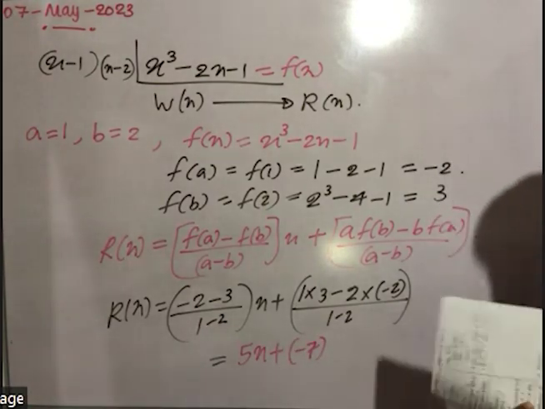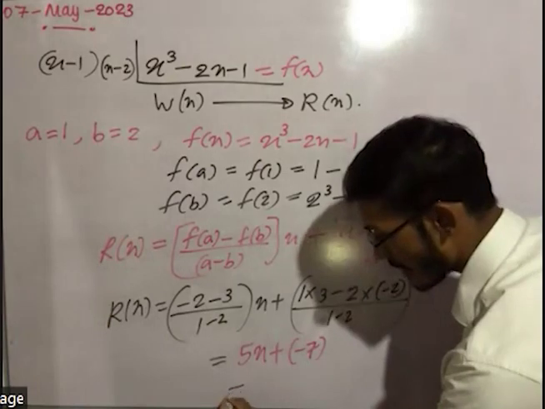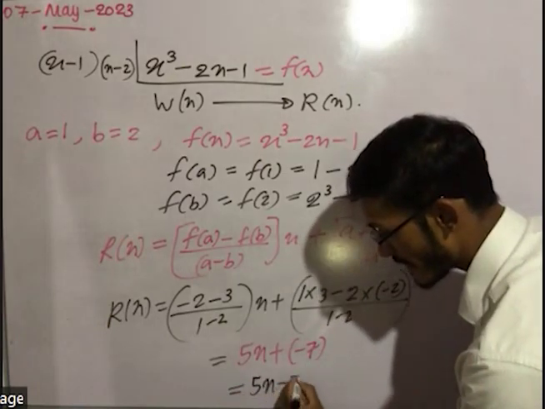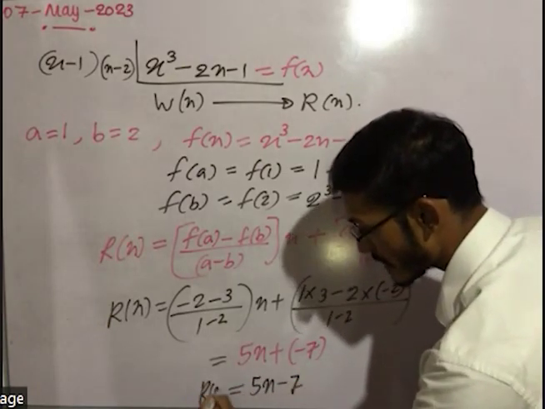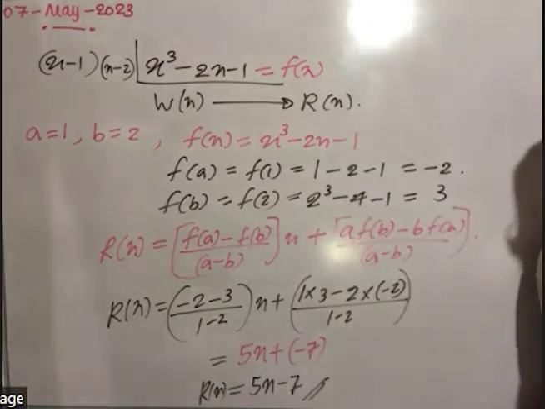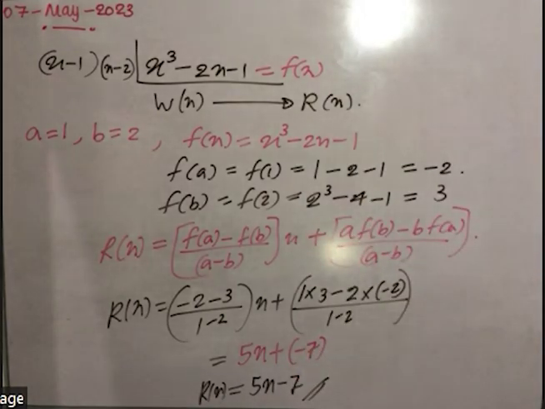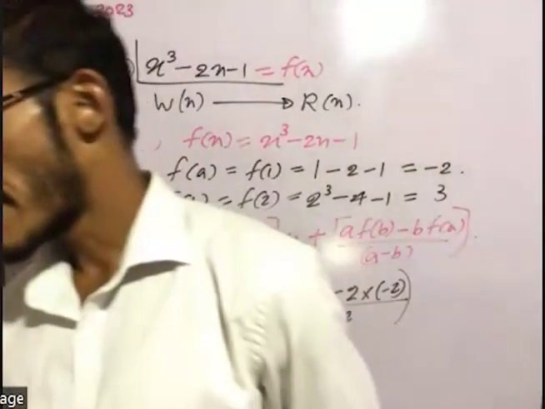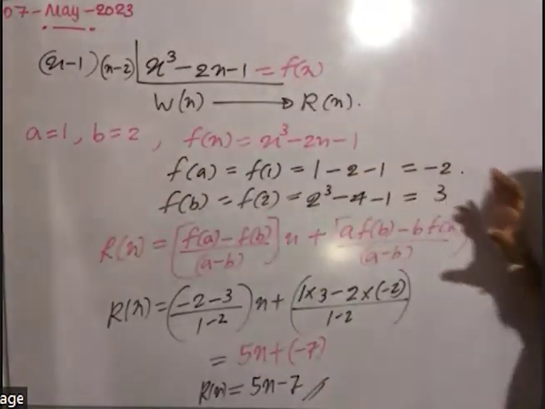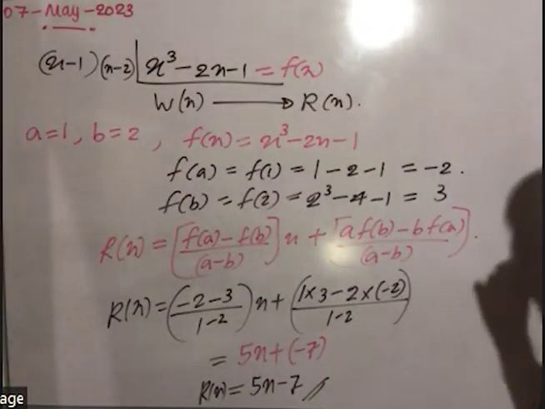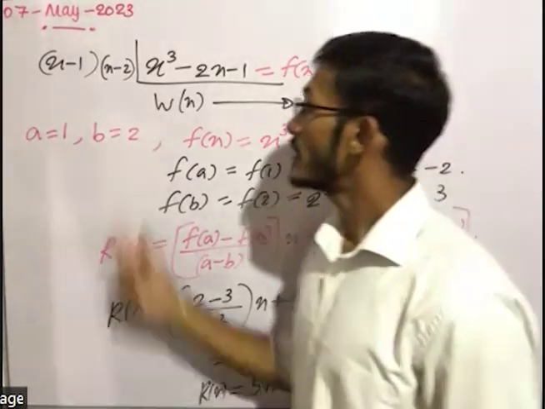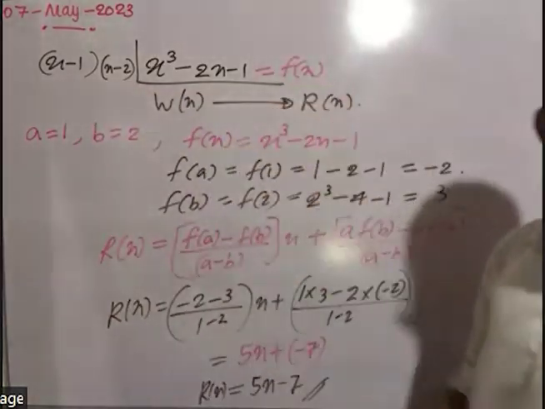So the remainder will be equal to 5x minus 7. This is the value of Rx. So that way we can directly use the result we got from part 1 to find the value of this remainder Rx.